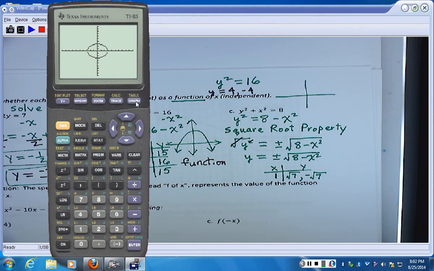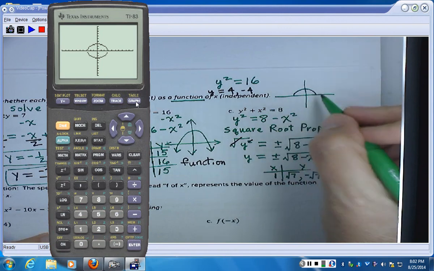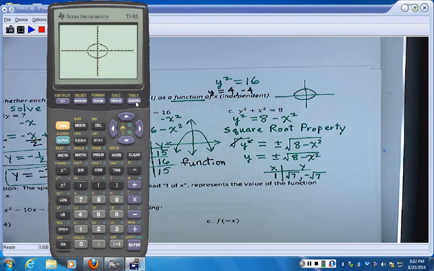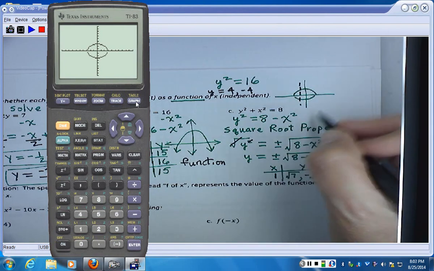All right? So there it is graphed. I'll sketch that. So that looks like this. Kind of. And then your vertical line test fails. It's not a function.